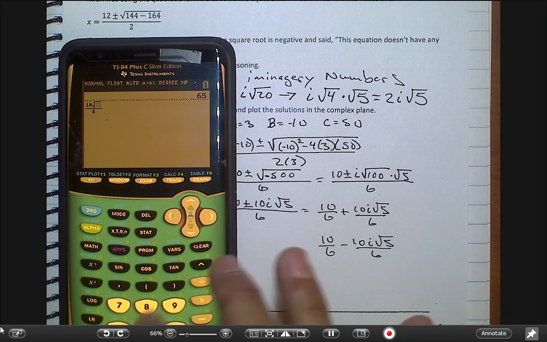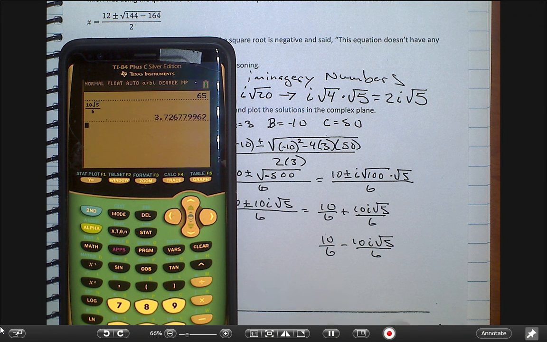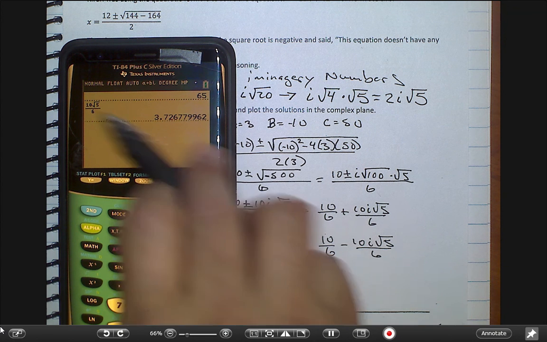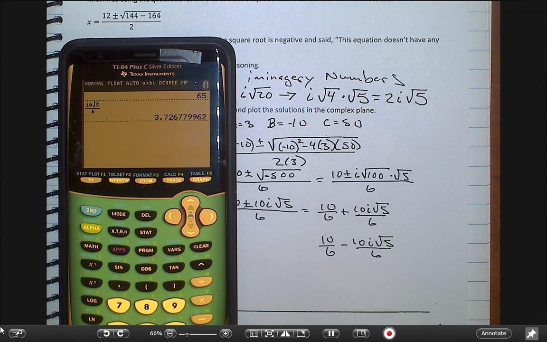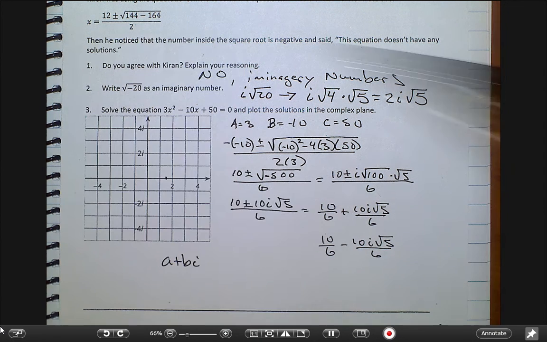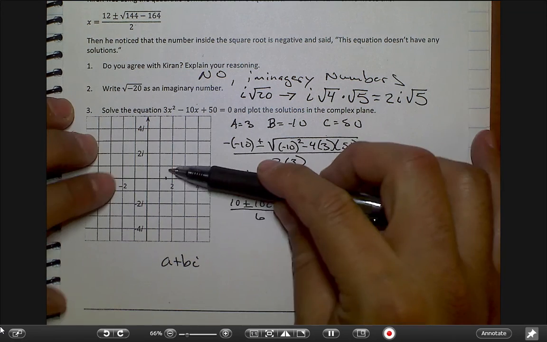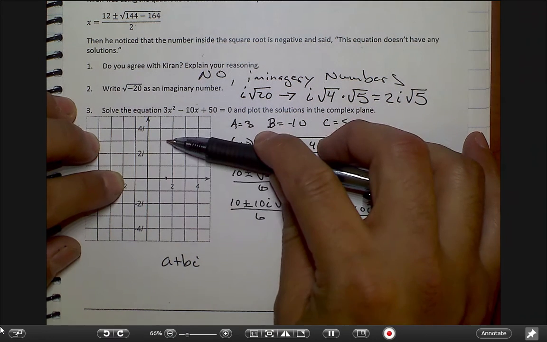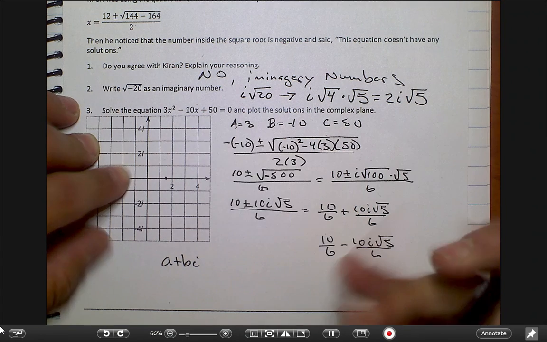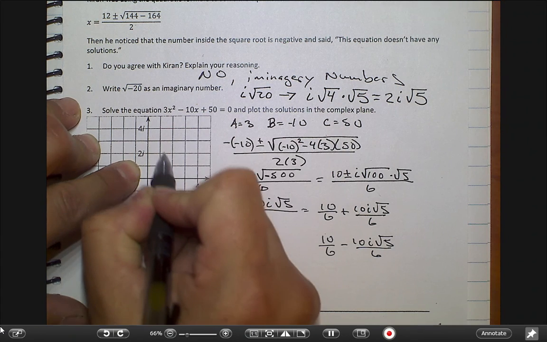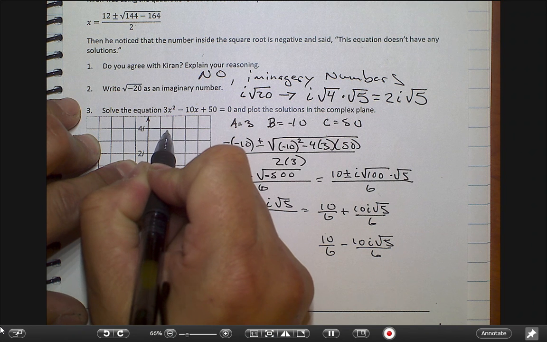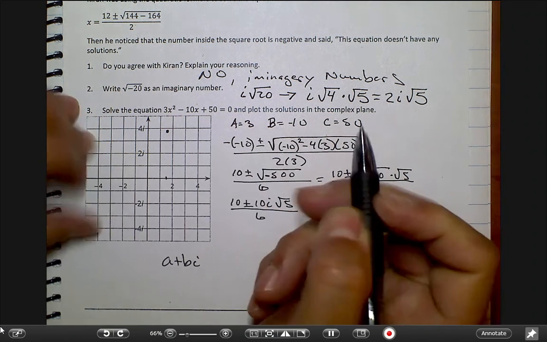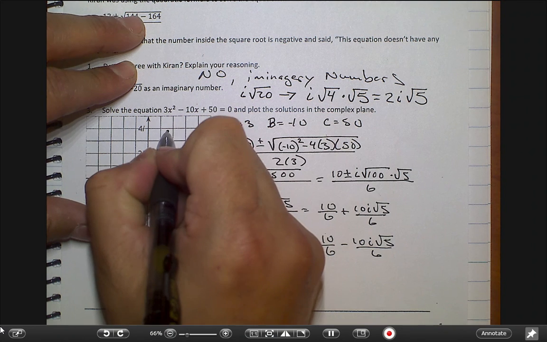Square root of 5. So it comes out to be 3.7i. So that's positive, right? In the y direction, positive would be up, wouldn't it? So 3.7i is right about here. So there's one of my answers.